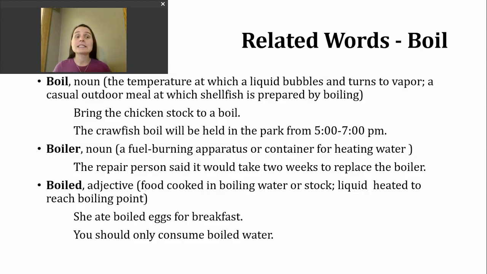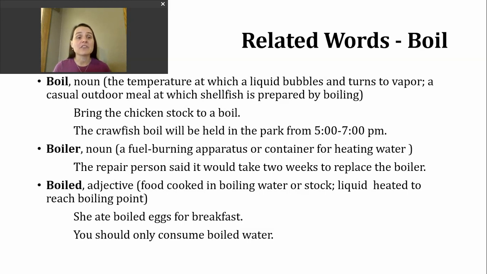Let's look at some words that are related to our verb boil. And the first related word is the exact same spelling, exact same pronunciation. It's the noun form of this word. And this noun form can have a couple different meanings, sort of just like our verb that had a few different meanings.